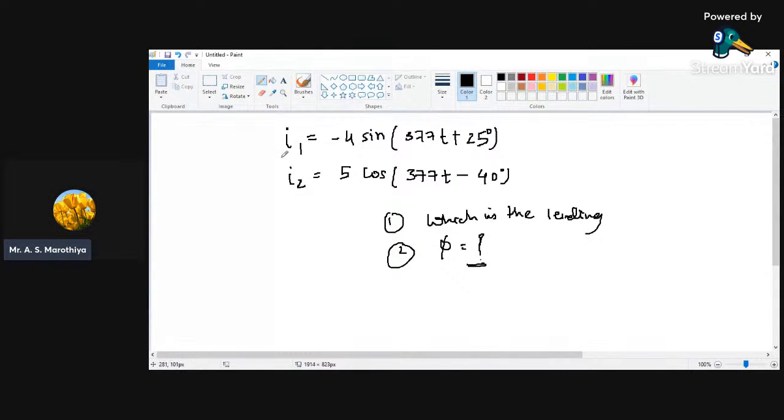You have two alternating quantities represented by equations I1 and I2, where I1 is -4 into sine of 377t plus 25 degree, and I2 is plus 5 into cos 377t minus 40 degree. First you need to find out of these two which one is going to lead, and second thing is by what angle that quantity is going to lead the other one. Let us try to find out this.